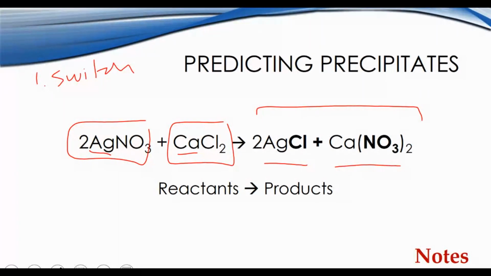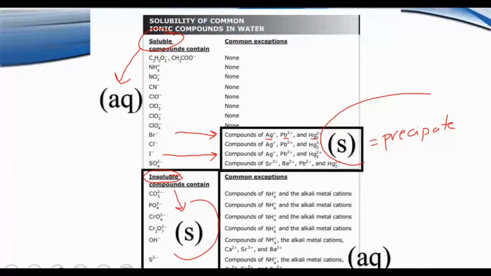But in reality, when we're looking for precipitates, it really doesn't matter what the reactants are, aside from figuring out what the products will become, because we really only care about the product. So let's look for chlorine. I'm looking for the anion, the negative charge, because that's the one that shows up on this solubility chart.